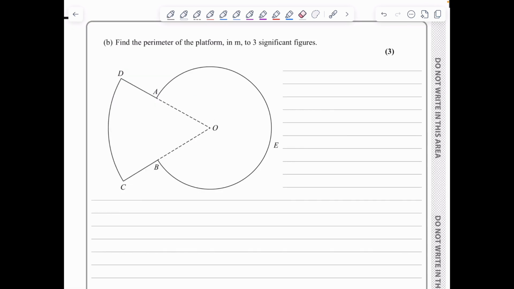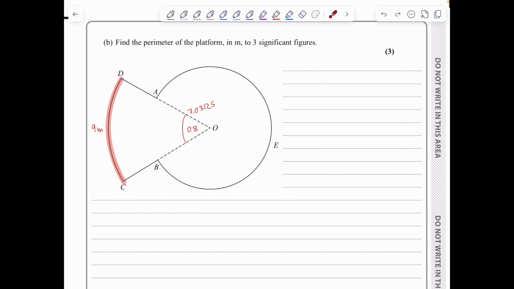In part B, we need to find the perimeter of the platform in meters to 3 significant figures. Well, we know that the angle is 0.8. We have established that the distance AO is 7.03125 and the CD is 9 meters. Well, to find the perimeter, we certainly have the arc CD, shown shaded here in red.